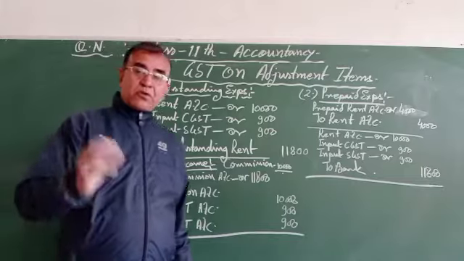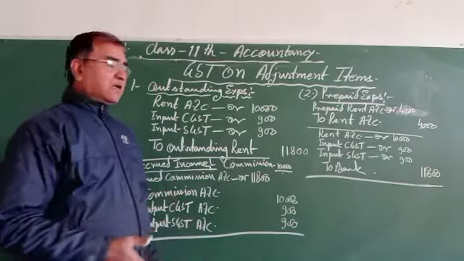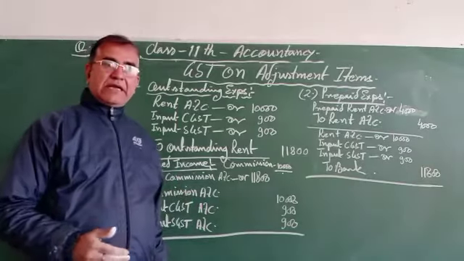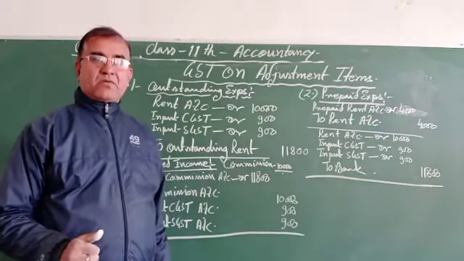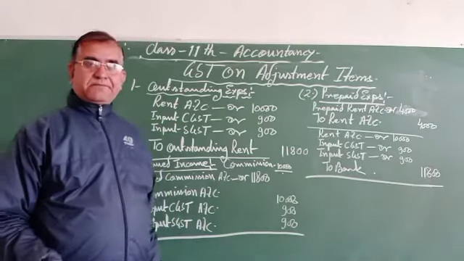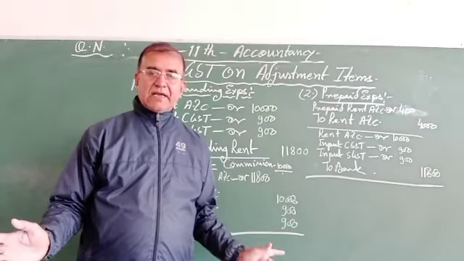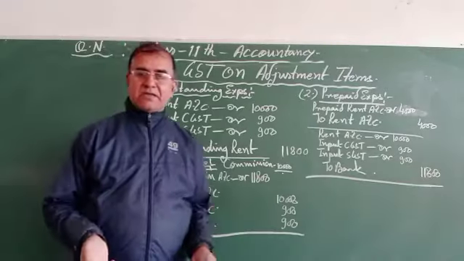Whether the output GST is more than the input GST, in liabilities column, it will be shown by difference amount, means output GST minus input GST. That's all for the day. That is the GST on adjustment items given.